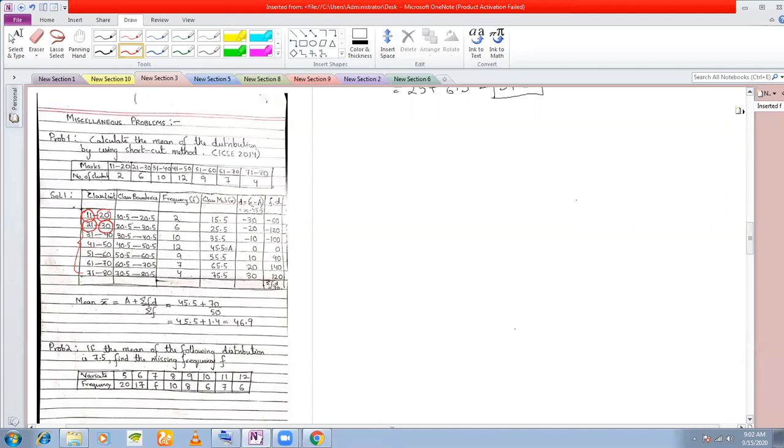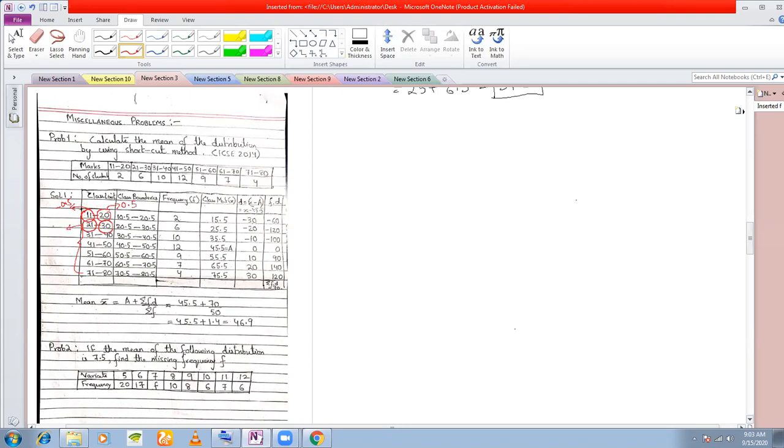You have done this in your class 9 also, how to convert class limits to class boundaries and how to calculate the adjustment factor. The adjustment factor here is 0.5. That is why we are adding and subtracting 0.5. We subtract 0.5 from the lower class limit and we add 0.5 to the upper class limit. So from 11 we are subtracting 0.5, and from 20 we are adding 0.5.